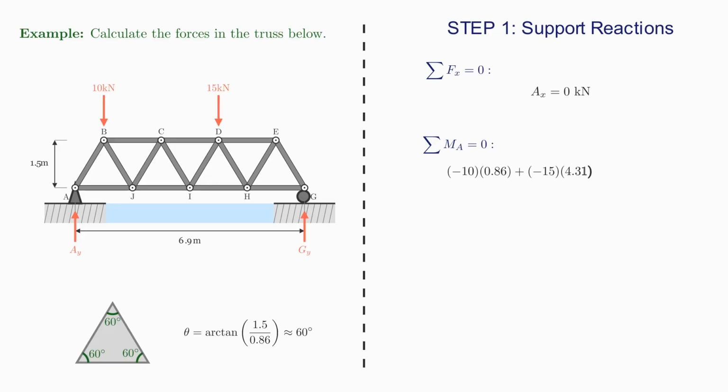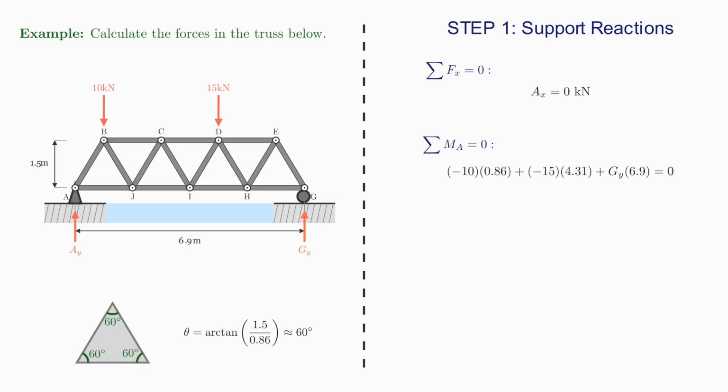Since we're assuming this is upwards, if we fix A and press up from underneath the truss at G, this would rotate the truss in a counterclockwise direction. This means that this generates positive moments. So to get the moments, we take GY and multiply it by 6.9, which is the distance of GY from A. And all of these three added together equal 0.